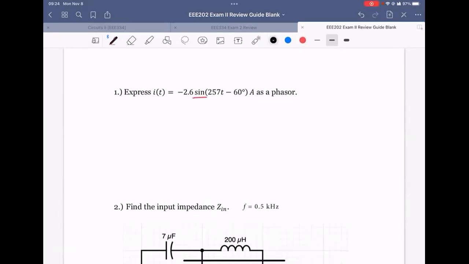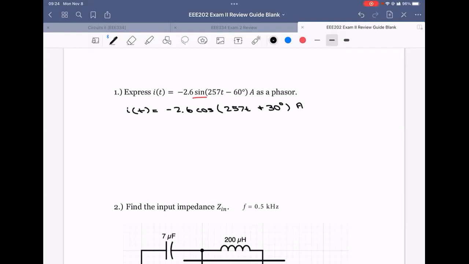So we can do just what we did with the last one, we add 90 degrees. You can add or subtract. We have i(t) equals negative 2.6 cosine 257t plus 30 degrees amps. Don't drop the units. We have to keep that amps on there.